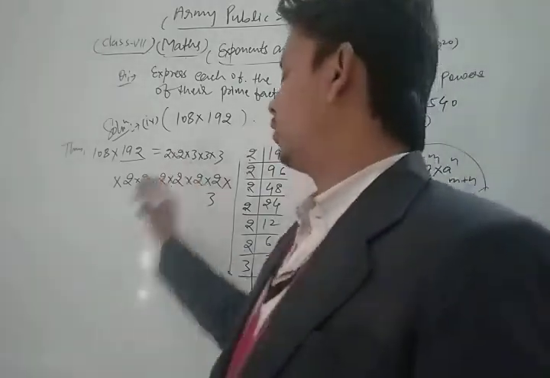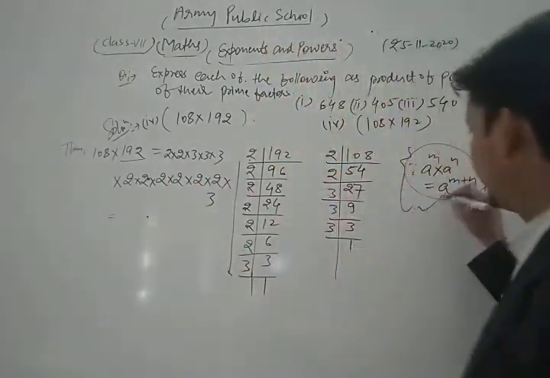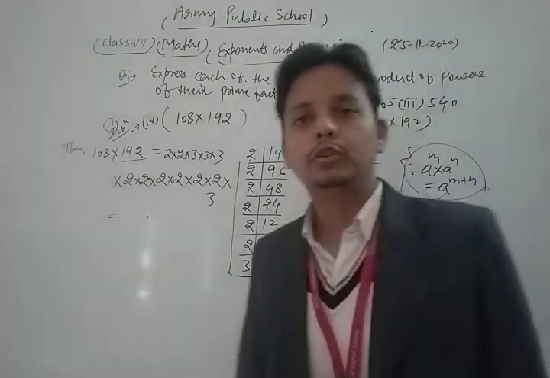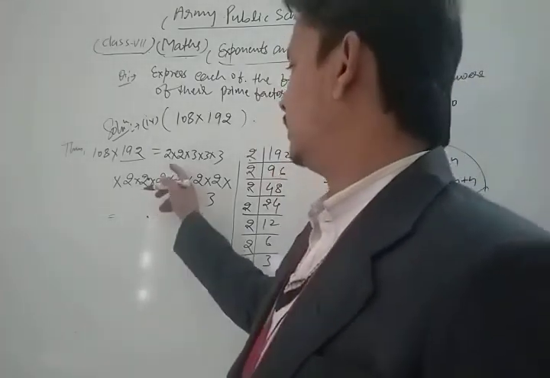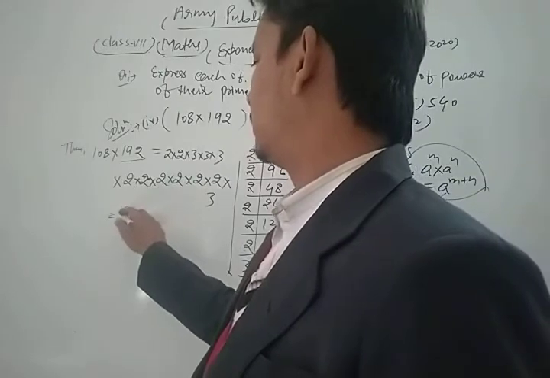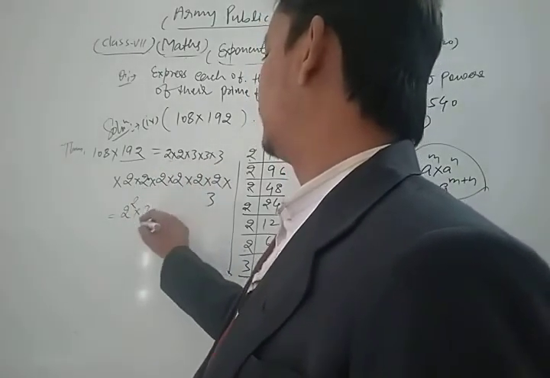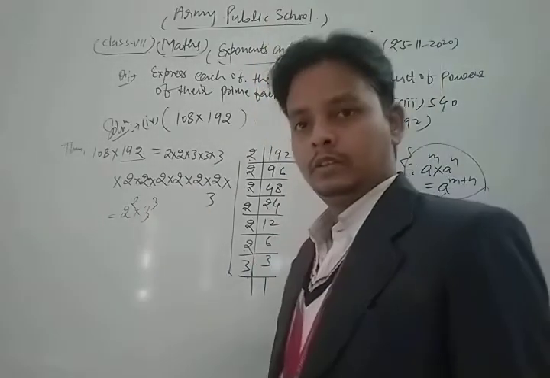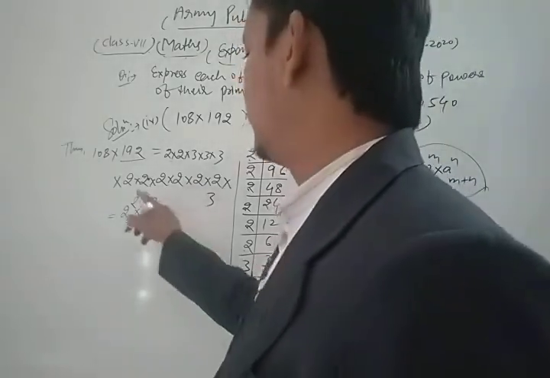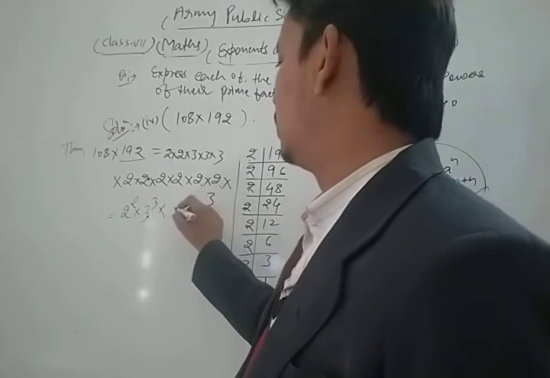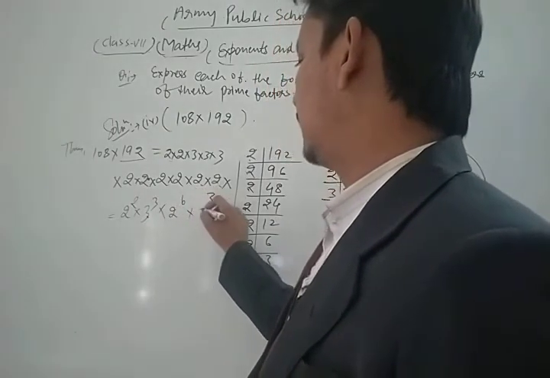Now let's see here. Now here we apply the laws of exponents, a to the power m into a to the power n. So first of all we write 2 power 2 into 3 power 3. Now from there we get 1 2 3 4 5 6, so 2 power 6, and 3 we write as it is.